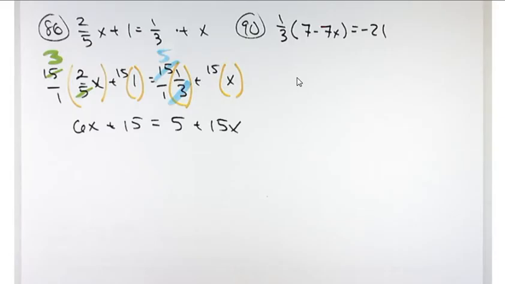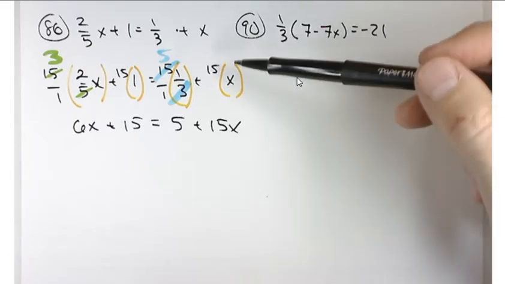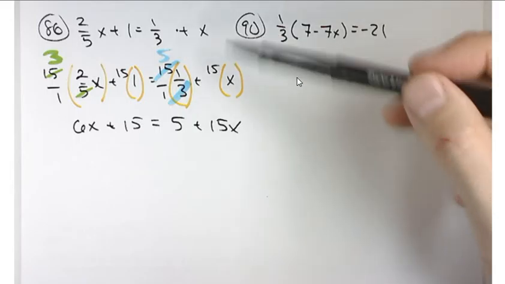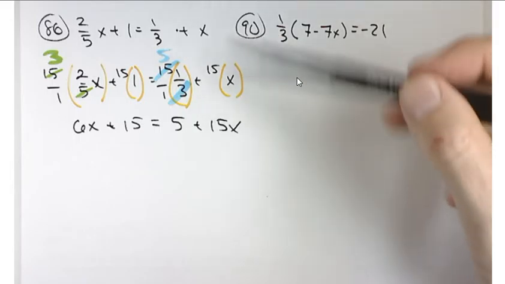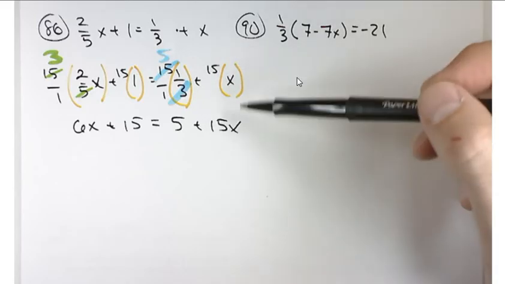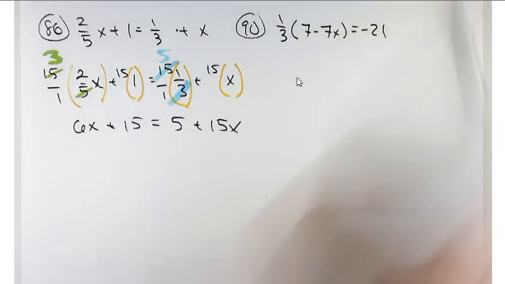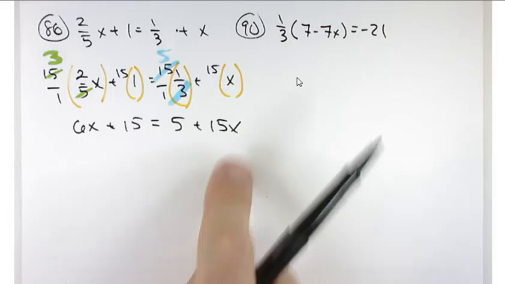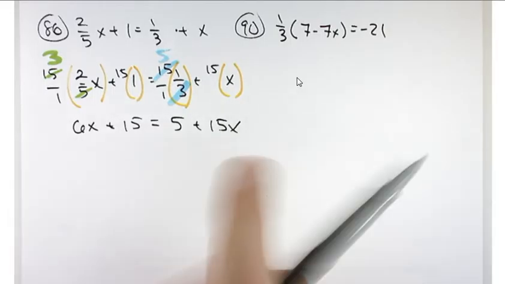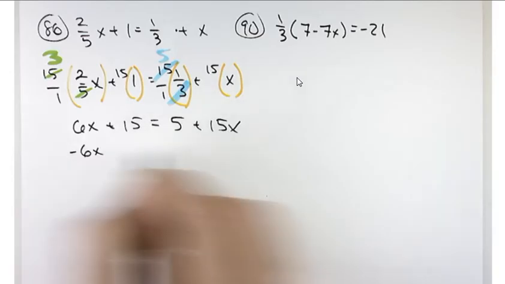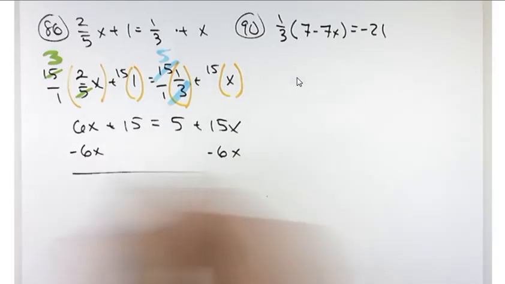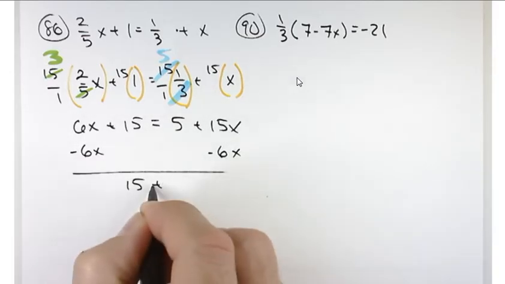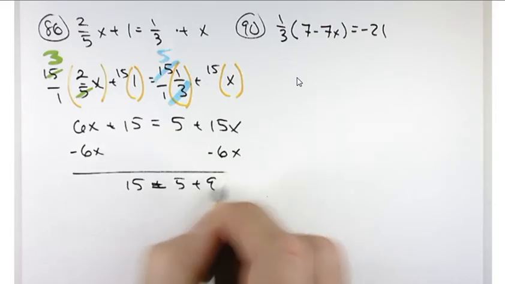Now, I saw a lot of different varieties of things here. Is there something else that I didn't get a chance to help you with that you're a little unsure about? This is probably the best way I would suggest that you do this. What side should I put my variables on? The right-hand side. So subtract 6x from both sides: 15 equals 5 plus 9x.